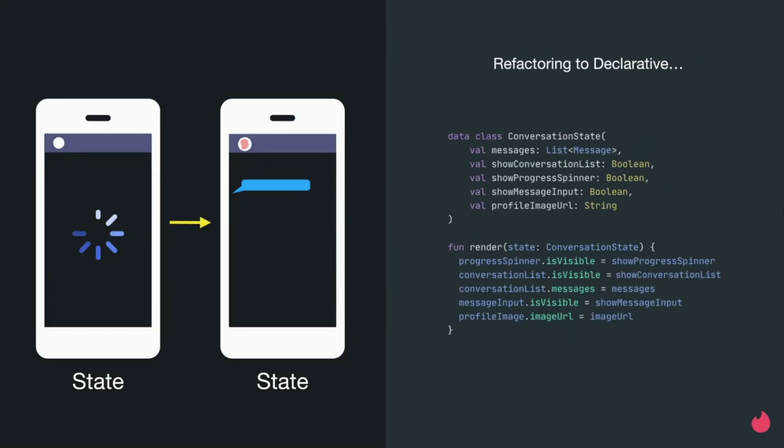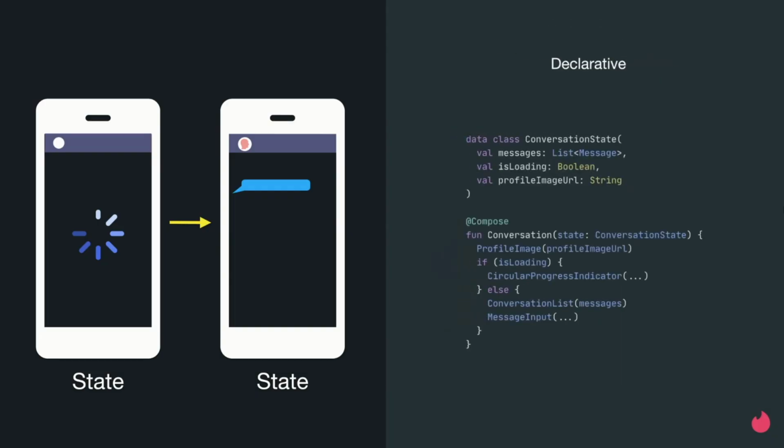This encapsulates the properties that will change into a data class or a sealed class. With the construction of a state object, we are starting to look a little declarative. To finish the transformation with Jetpack Compose, we might end up looking at something like this, where our state object is used to only render the components that need to be rendered at that moment in time. And so the goal here is to be able to compile the state object that describes what the UI should look like in the snapshot of time.